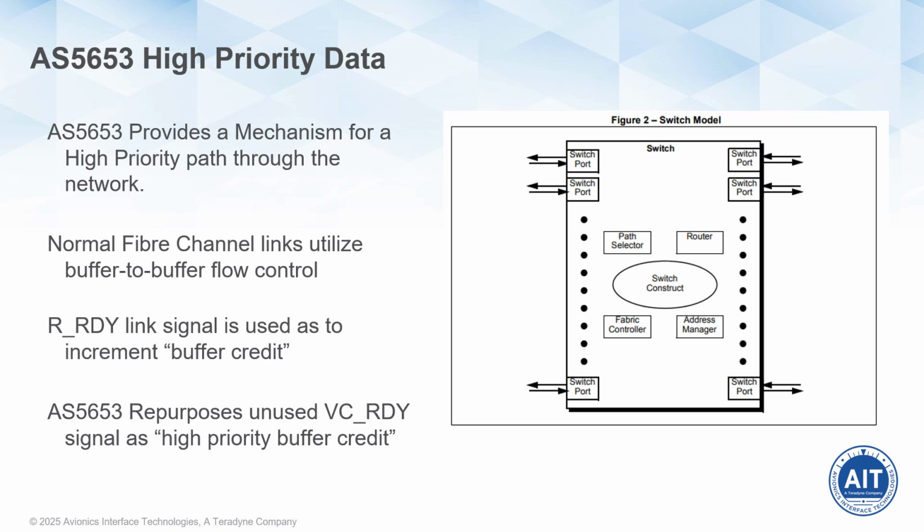The standard requires that an AE compliant switch will provide separate buffers for low and high priority traffic. So in the switch model shown here, which is lifted straight from the FC-SW spec, we need to clarify how the switch port buffer model works.